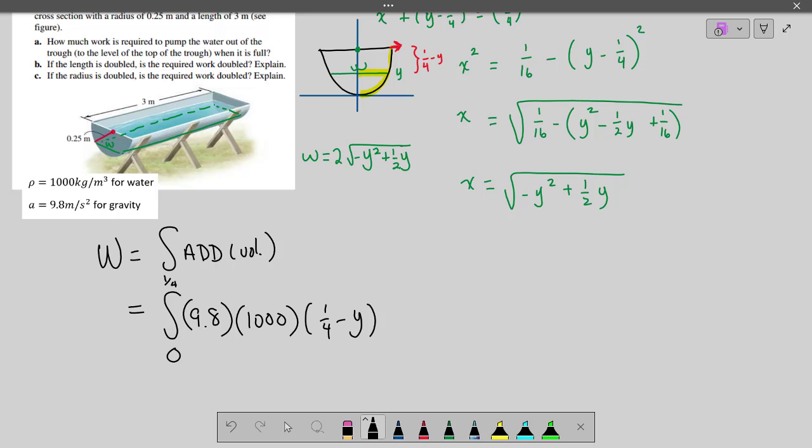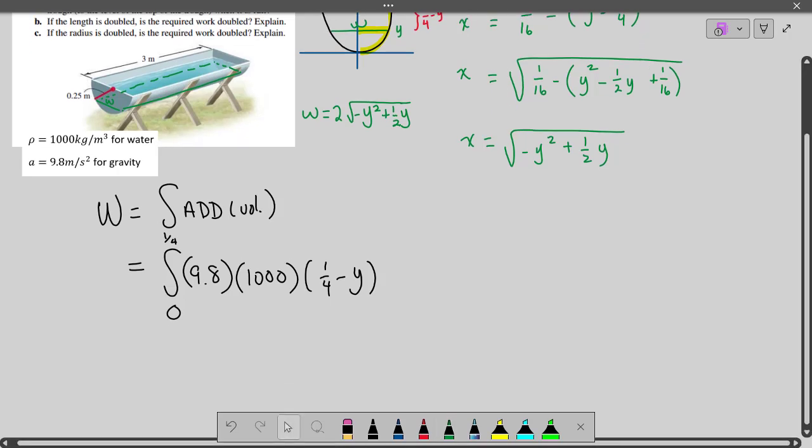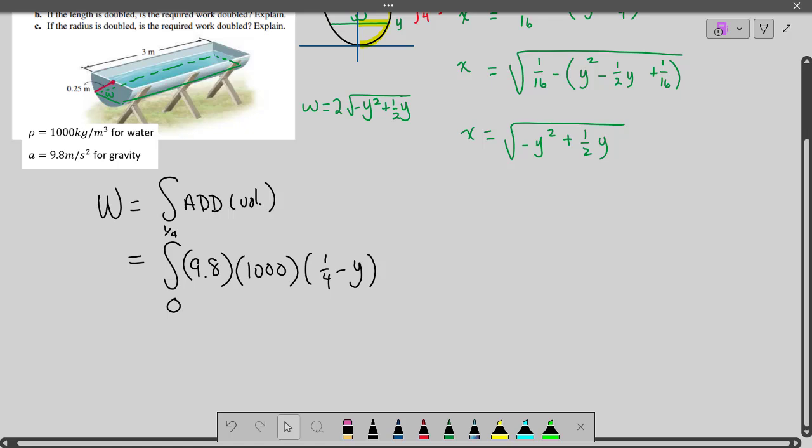Okay, so there's the ADD. Now we need the volume of a slice, our representative slice. Well, the volume of our representative slice is going to be the cross-sectional area of the cross-section multiplied by dy. So volume, let's see. It's a rectangle.